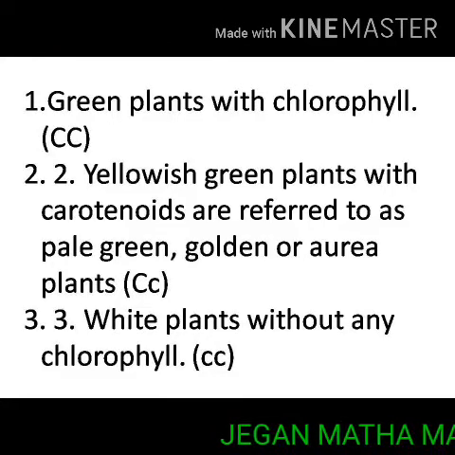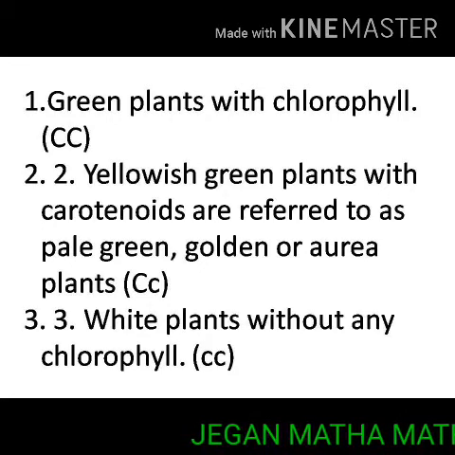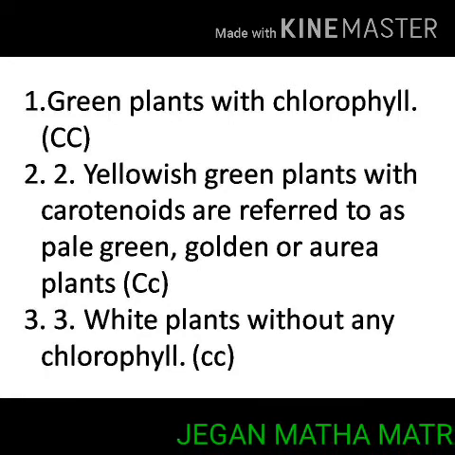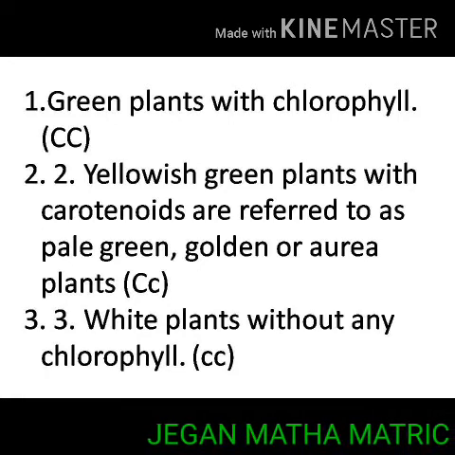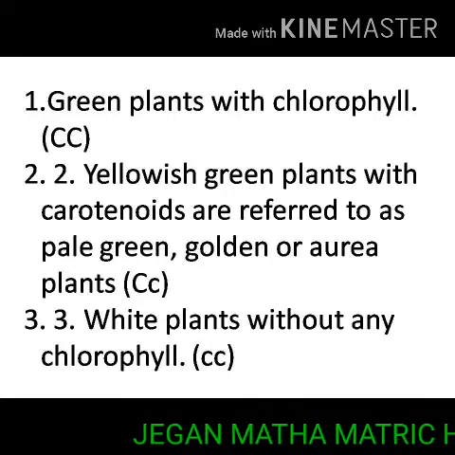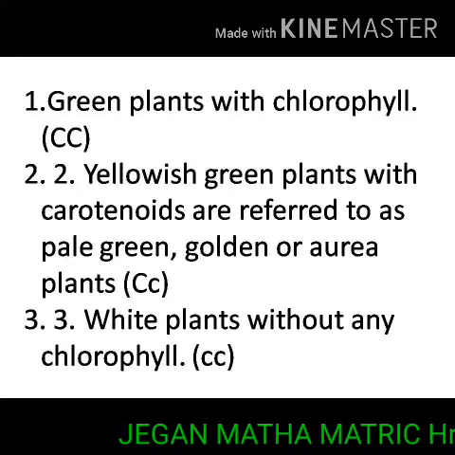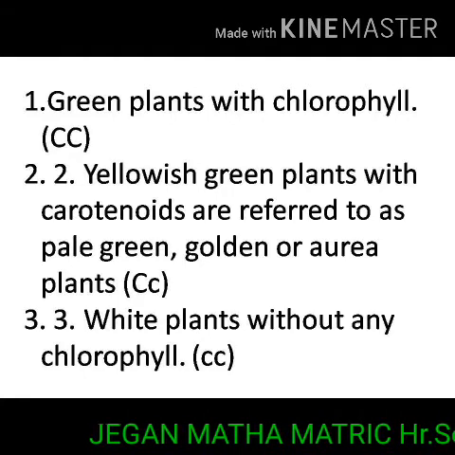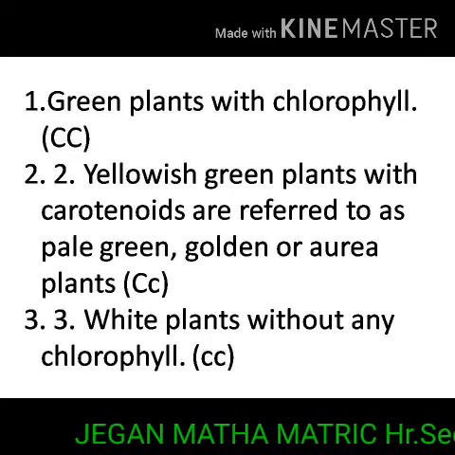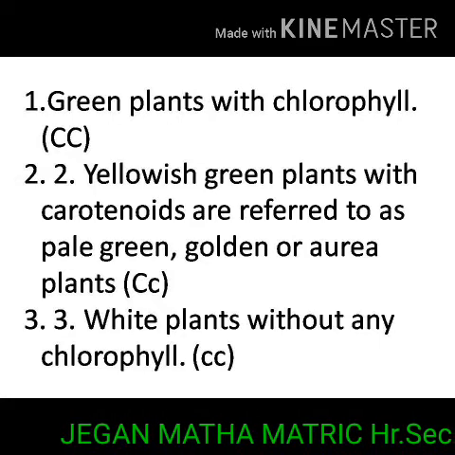Green plants with chlorophyll, capital C and capital C. Yellowish green plants with carotenoids are referred to as pale green, golden or Oreo plants, capital C and small c. White plants without any chlorophyll, small c, small c.